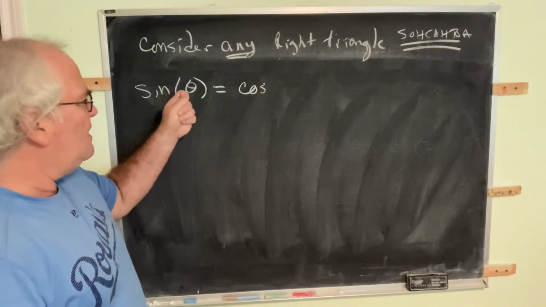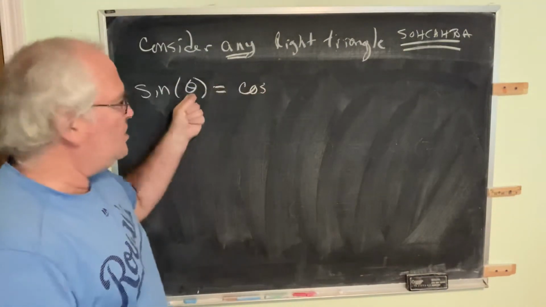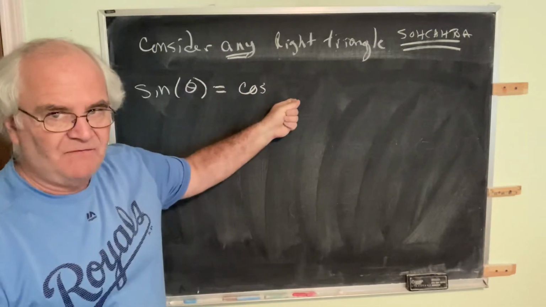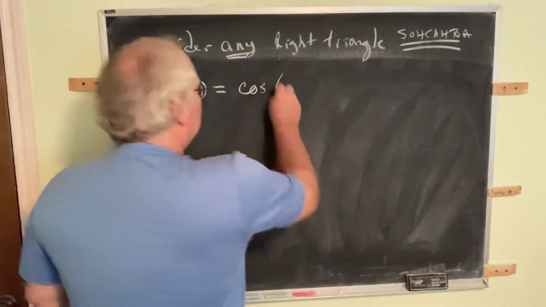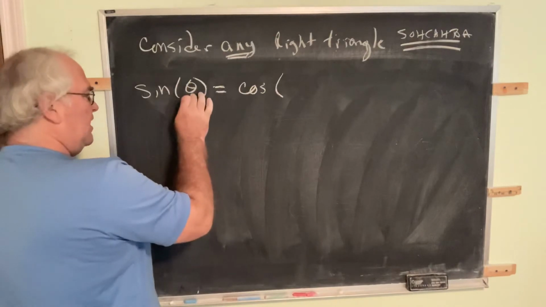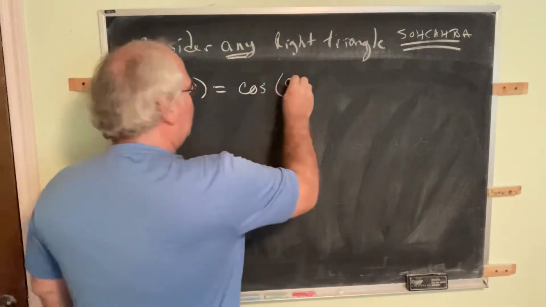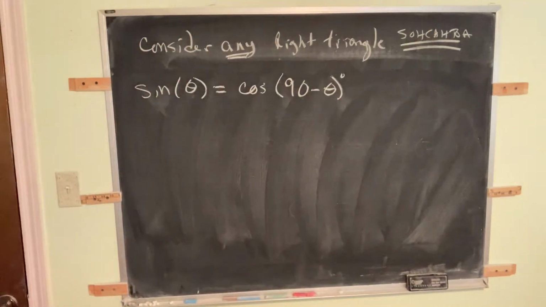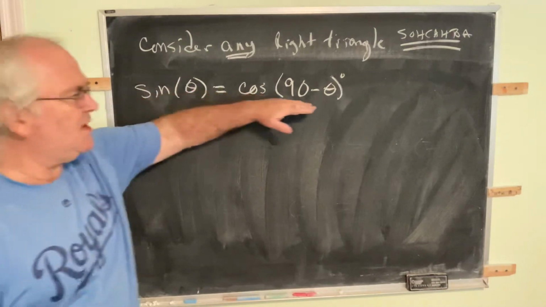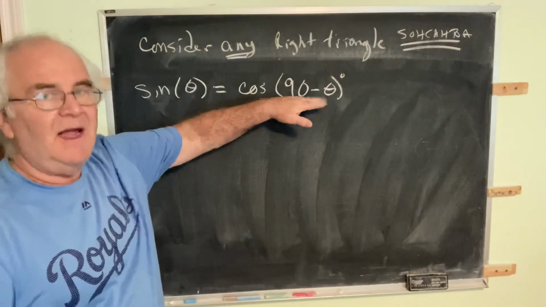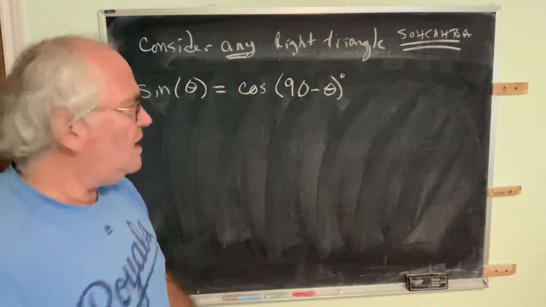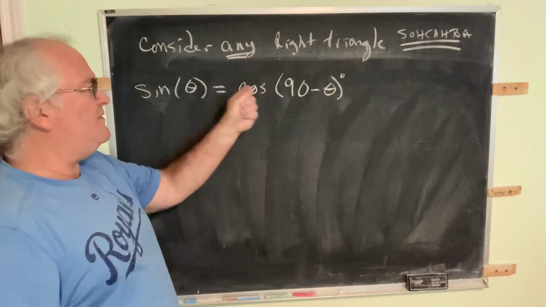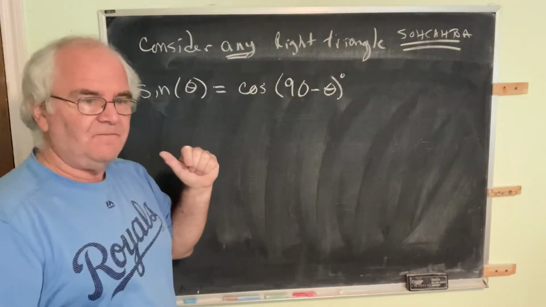When this was 52, we needed 90 minus 52. So what do we need? If this is a generic value theta, then we need 90 minus theta degrees. Sine of theta is equal to cosine of 90 minus theta, and vice versa. If you start with cosine here, then you have sine over here, and vice versa.